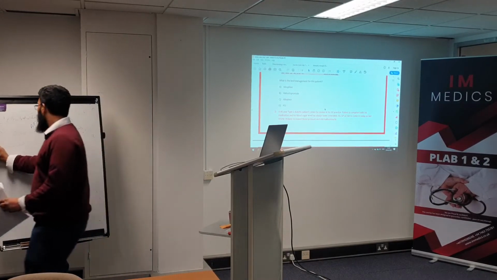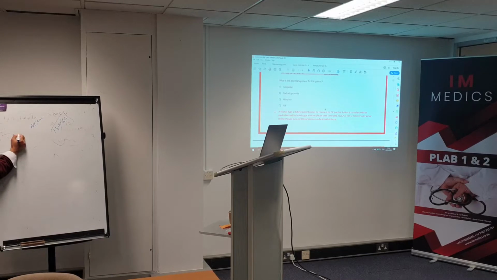So in here we know it's type 1 diabetes. We need to know that in type 1 diabetes, the threshold is 135/85. If it's this or above, we start them on medication. If they have microalbuminuria in the urine, it's lower, 130/80. If they have this much or above, start medication. Type 2 is a bit different.